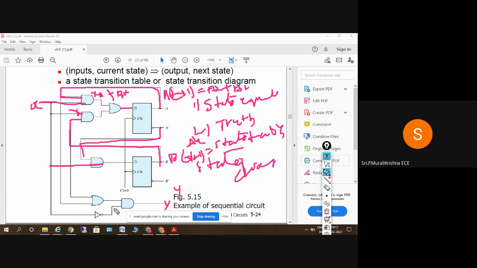Coming to Y here, what is the value of Y? It is a multiplication of.